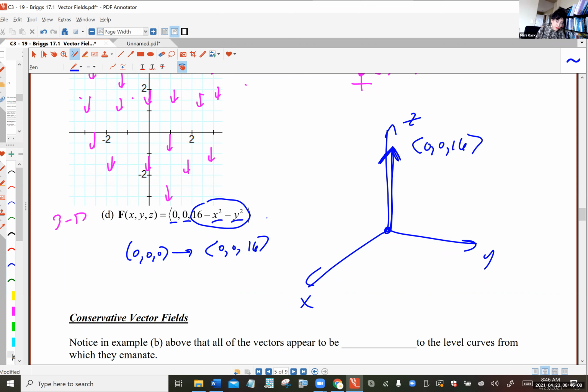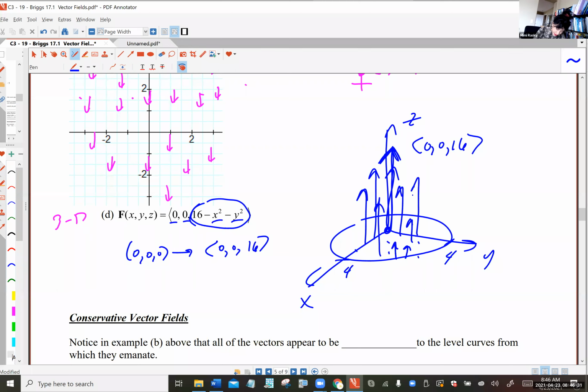But then any other point that you plug in here in the XY plane or wherever, they're going to be less because, and you have to limit yourself to a domain there, disk of radius 4. The further away you get from the origin, the smaller the vectors. So you get closer, they get taller. So you kind of have to honor that.